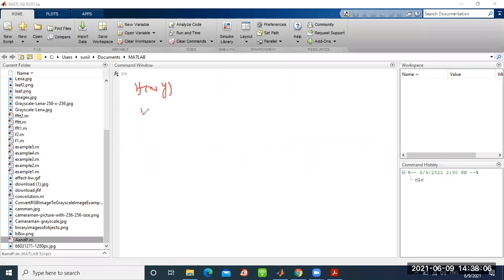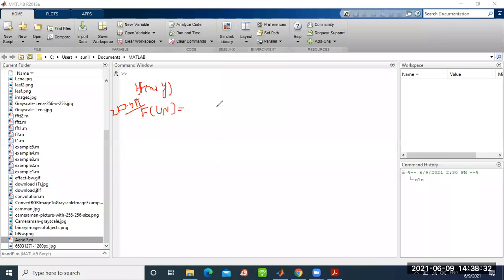Then F of capital UV represents the Fourier transformation. If I want to find the Fourier transformation in two dimensions, the two-dimensional discrete Fourier transform, what is the formula for that?